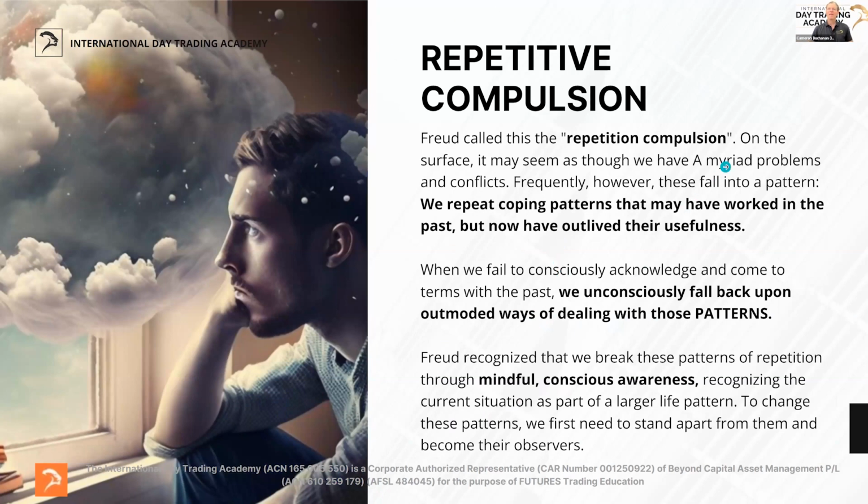So, repetition. We repeat patterns and behavior, and it can get uncontrollable. This is where you have to take that time to go, right, I need to break these patterns, I need to change. And you have to be willing to change.